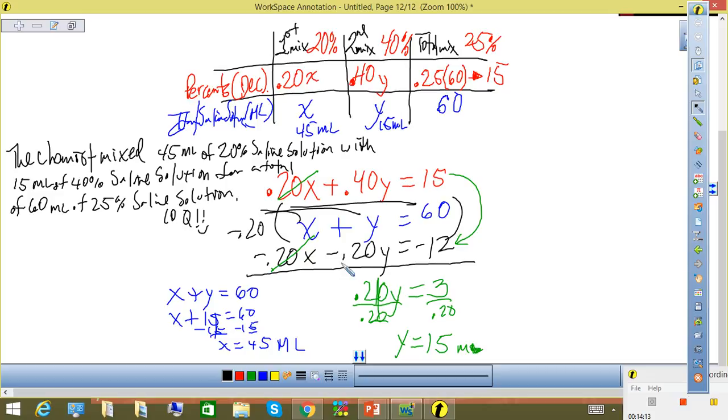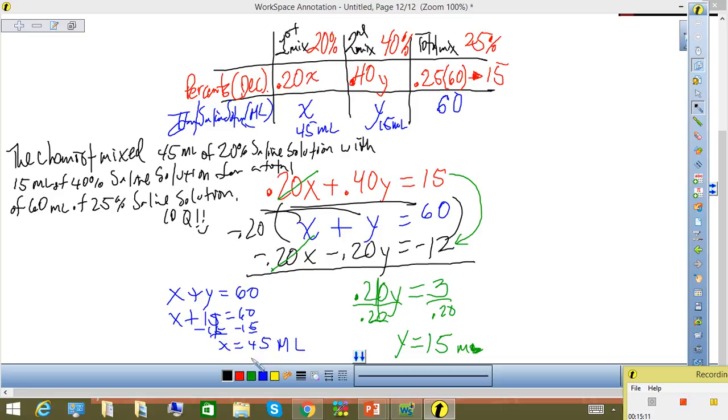What's another way, or by what other number can I multiply one of the two equations to eliminate x? Think about it. Some of you already saw it. I'll give you some time to discuss it with your neighbors. Talk it over with your neighbor, please.